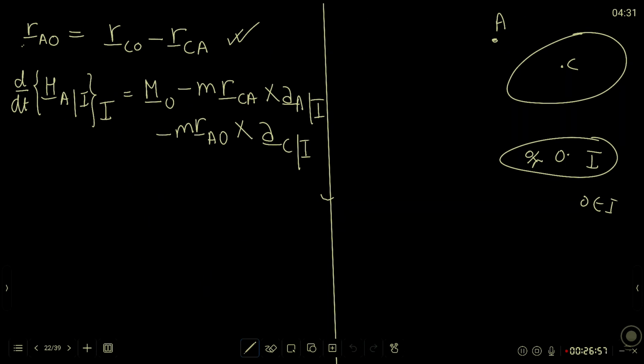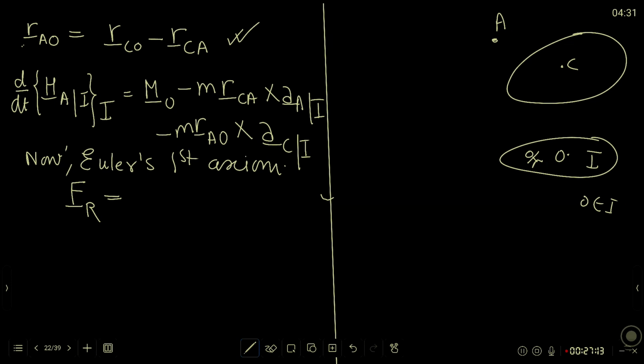Now Euler's first axiom tells me that the resultant force or the net force acting on the body must be equal to this. What's the net force? So let me put the net force here. It's an equivalent force system acting at point B, and let the torque here be C^RB.